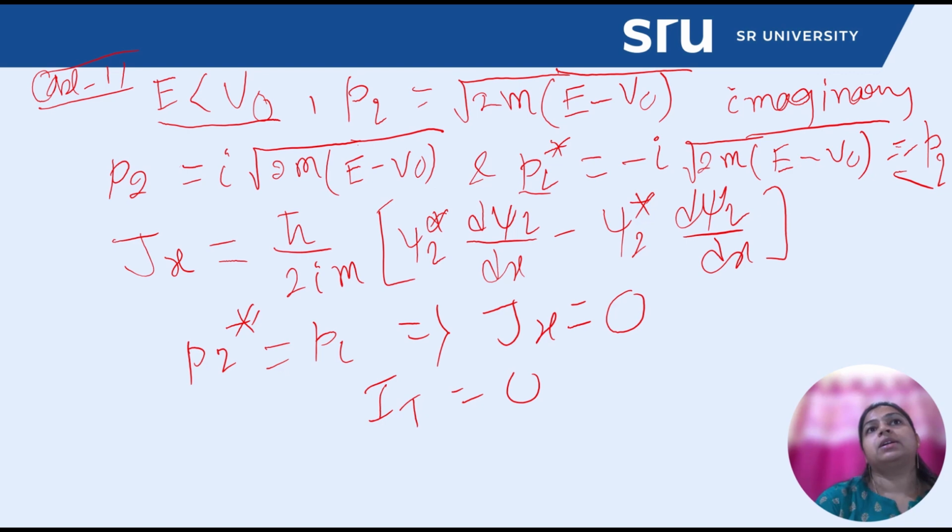This means the transmitted current I_T is equal to 0, so the magnitude of the transmitted current with respect to the incident current is 0, or T is equal to 0.